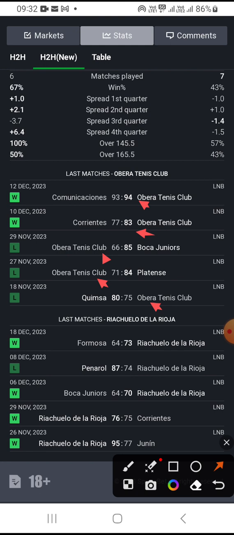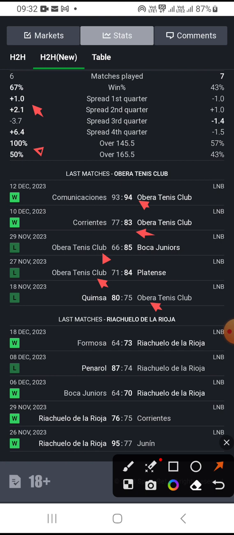So if you say 94 plus 83 plus 66 plus 71 plus 75, we get 389. When you divide it by 5, we get 77.8.